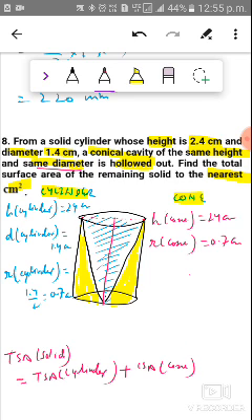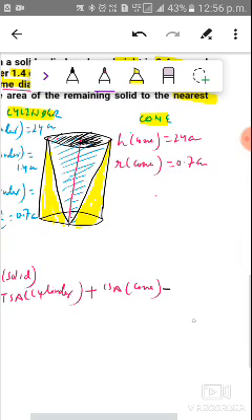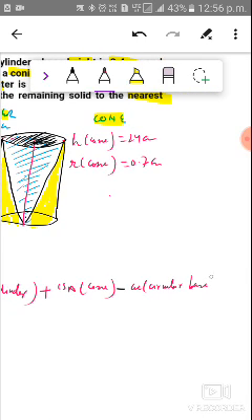And then, because this part is not there, we have removed it, this part which we had taken in the total surface area of the cylinder, we have to subtract it. That is minus pi r square, the area of the circular base.